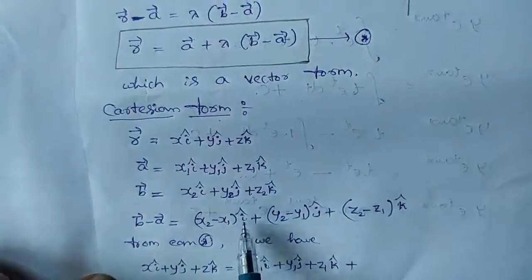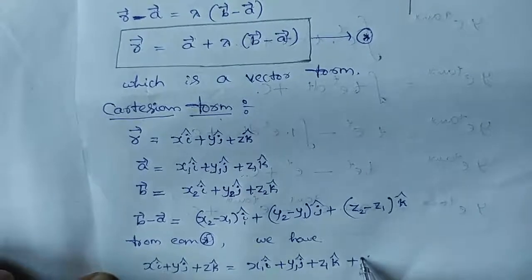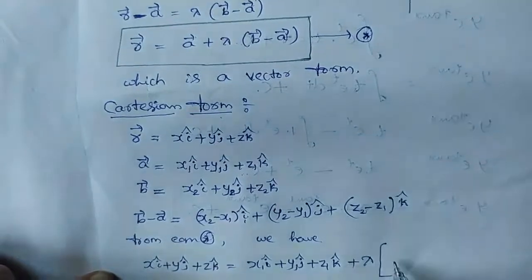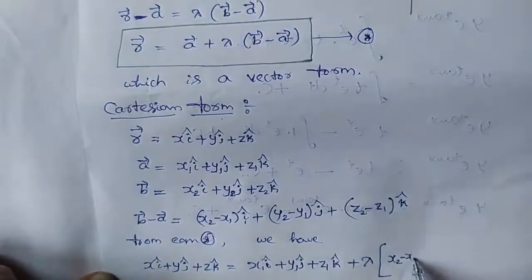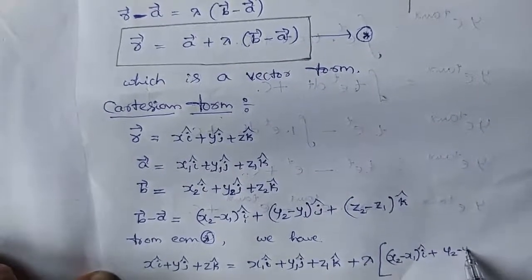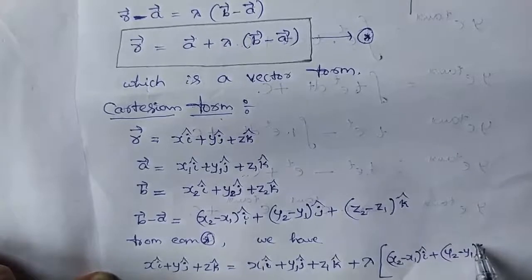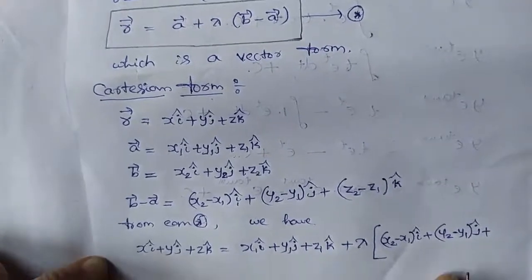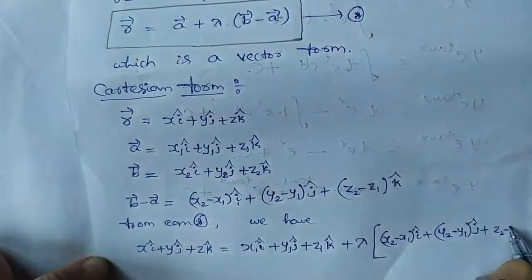Substituting b minus a, we get x2 minus x1 i plus y2 minus y1 j plus z2 minus z1 k.